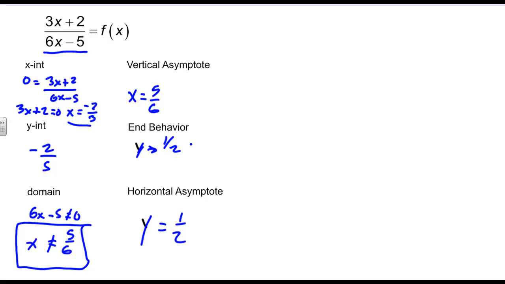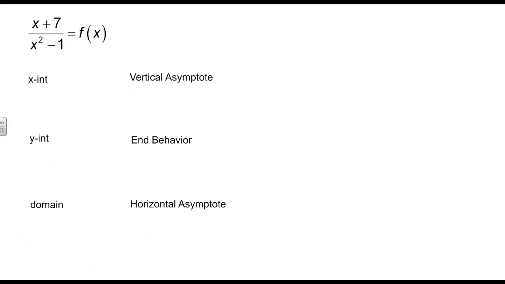Let's take a look at another example now. Again, we're going to find the x-intercept. If we set y equal to 0, the denominator is always going to go away. So really, to find the x-intercept, it's like setting the numerator equal to 0. So we get x equals -7. We get y equals -7.